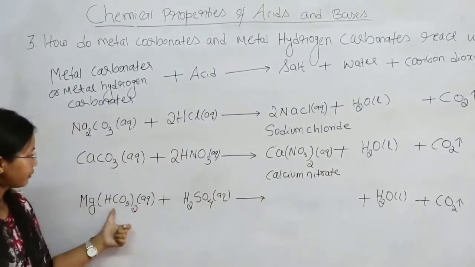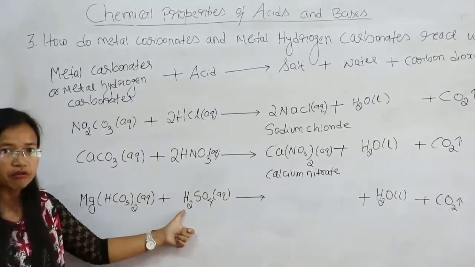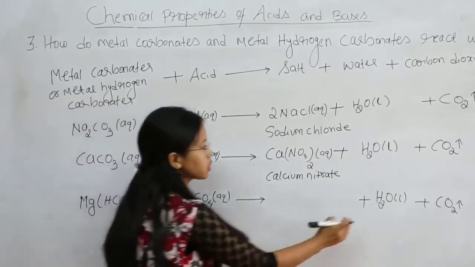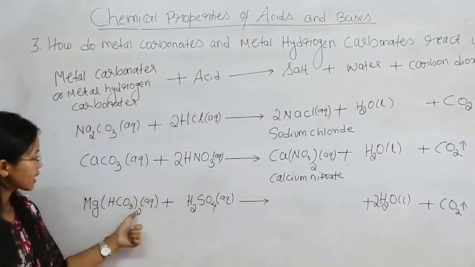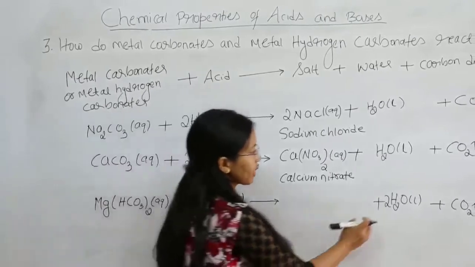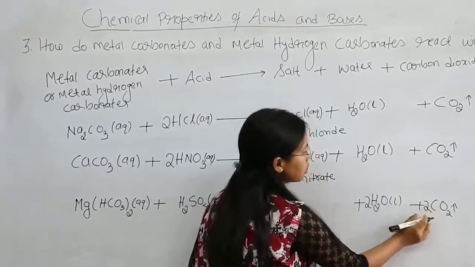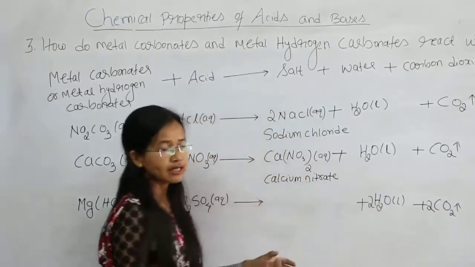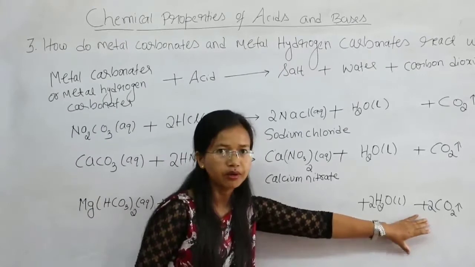Here we have 2 hydrogens, you get 4, but here we have only 2, so you need to balance by multiplying by 2. Next we have 6 oxygens: 2 times 3 is 6. Here we have 2, we need 2 more, so we multiply by 2; 2 times 2 is 4, with this 2 we get 6. Then the carbon is balanced.